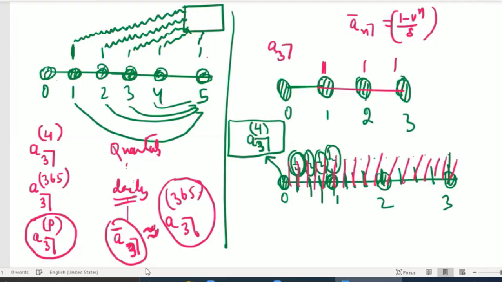Even if you make it very high, 365, 24, 60, 60, every second, millisecond, every fraction of a second, the bigger you take, the closer it will be to this one. The limiting value, mathematically, is ANP when P is large, that will be AN bar. So AN bar formula is derived, you have to use this one, that's all.